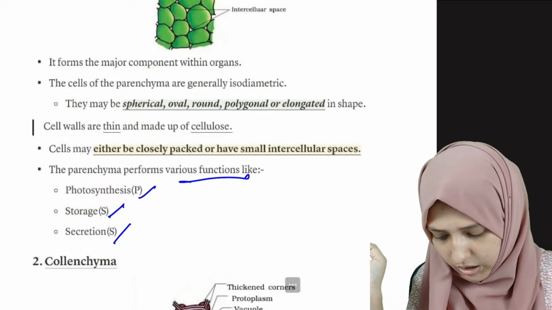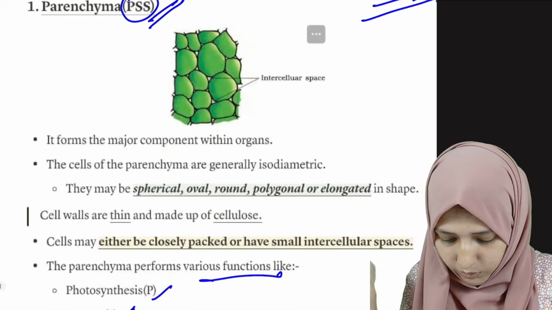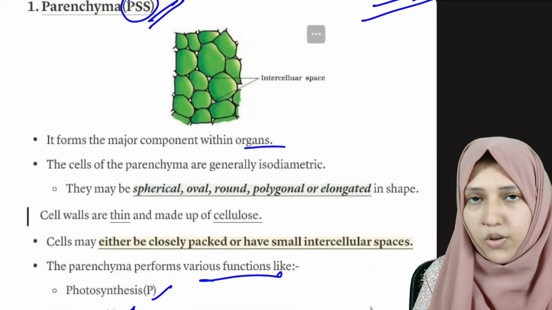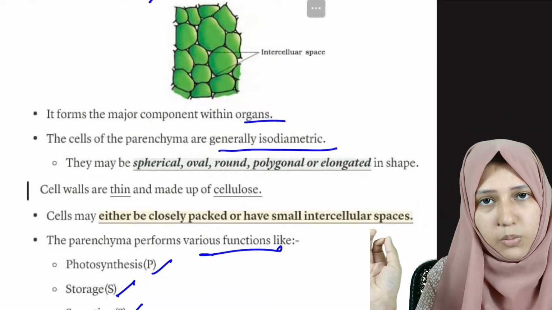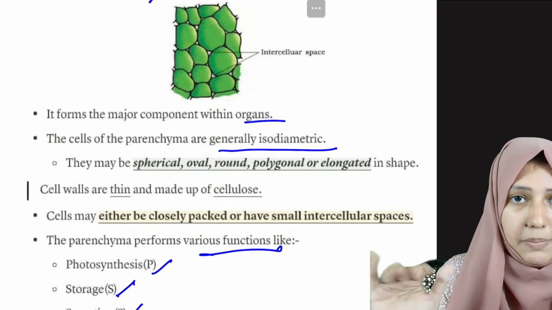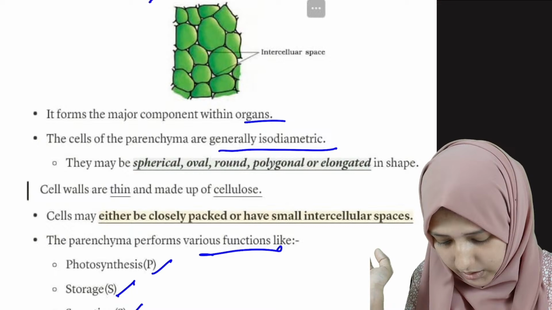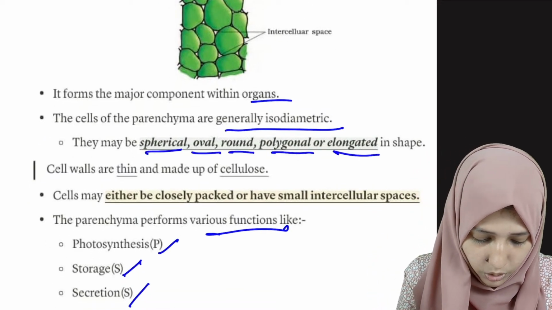Clear? Now let's see the anatomy of parenchyma. It forms the major component within the organs. Then the cells of parenchyma are generally isodiametric, which means the shape will be almost similar. They can be spherical, oval, round, polygonal or elongated in shape.